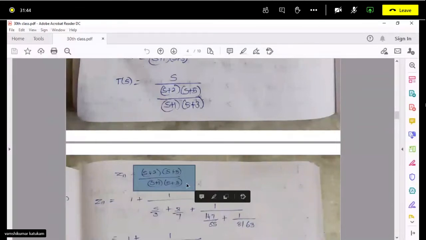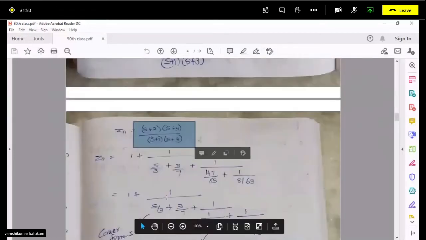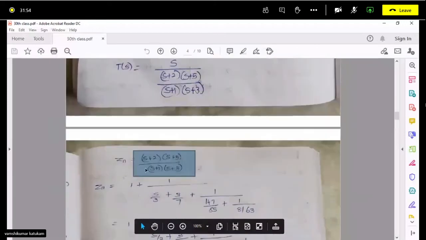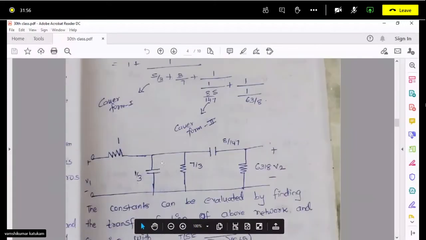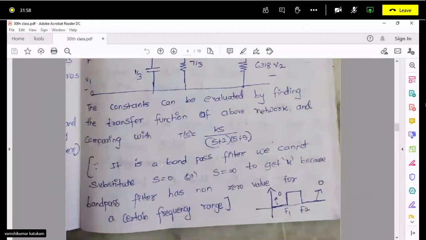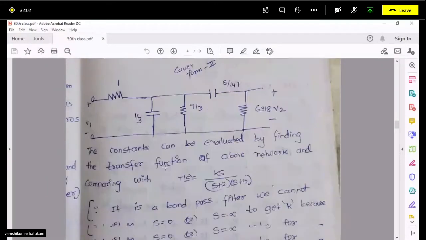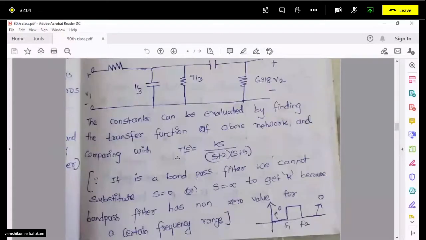And if any zeros are missing, that means those zeros are at infinity, then that has to be expanded alternatively in KR form 1 and 2. Okay, so that is the thing. So here you can see how we are determining the constant, just by comparing the transfer function.